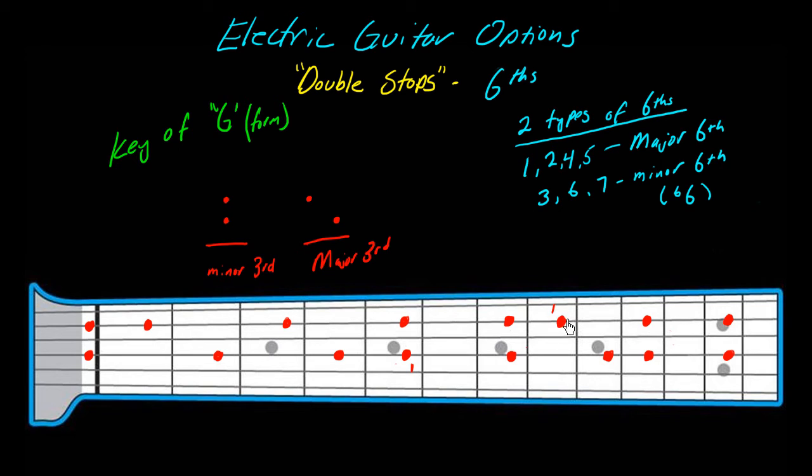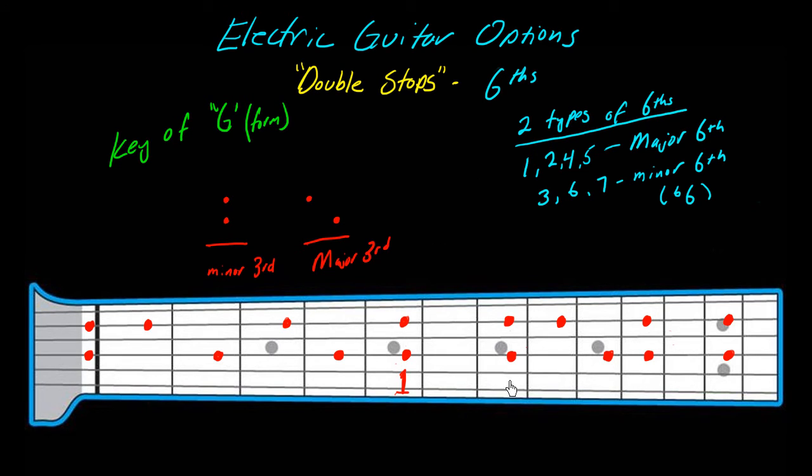So instead of this, the note right here is going to be 1. That's the root. And these groupings are exactly the same as they were with inverted thirds. So this grouping here is the 1 chord when playing sixths.